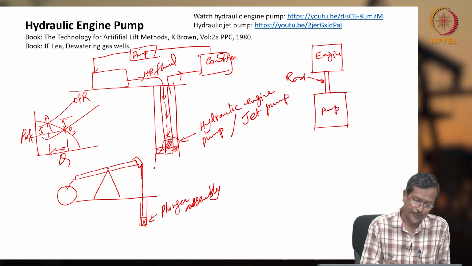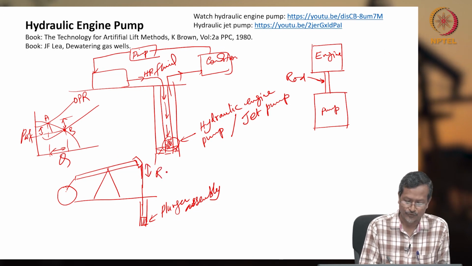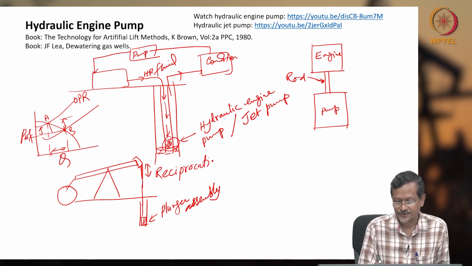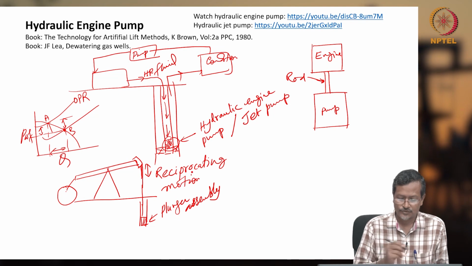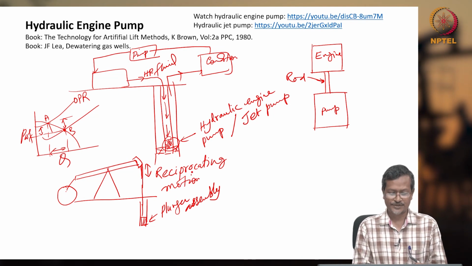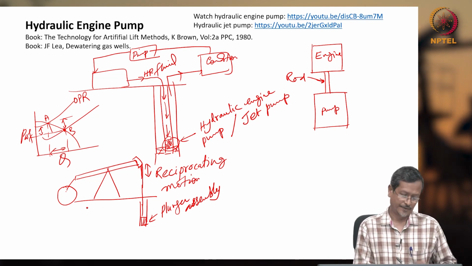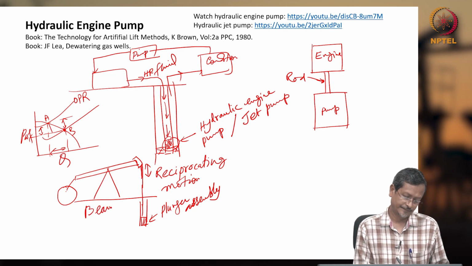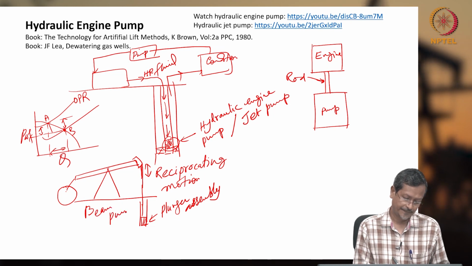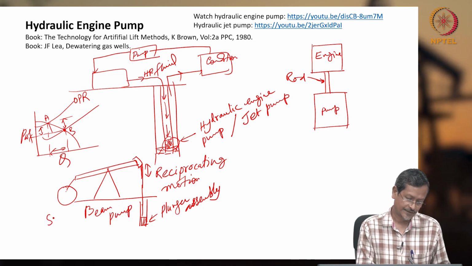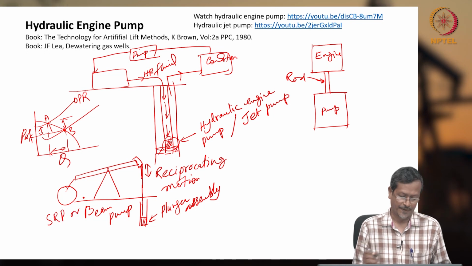Now what you are doing here is giving reciprocating motion. In a sucker rod pump, or SRP, or beam pump, there are many names.